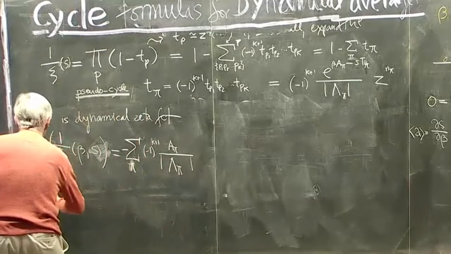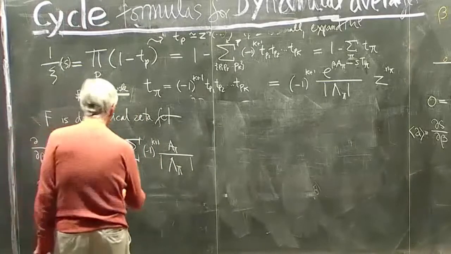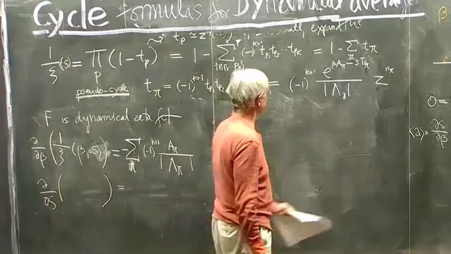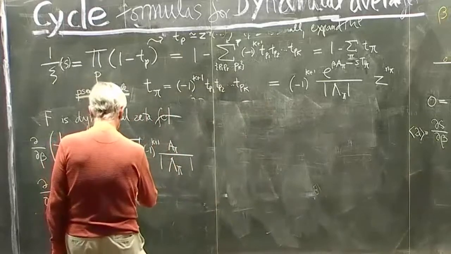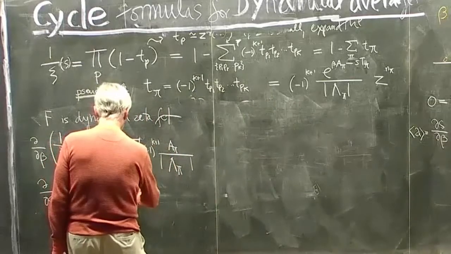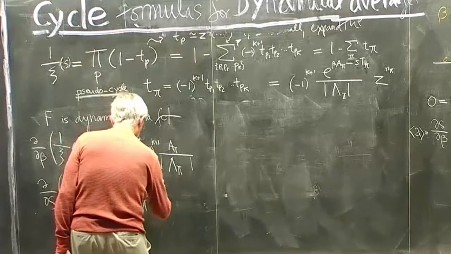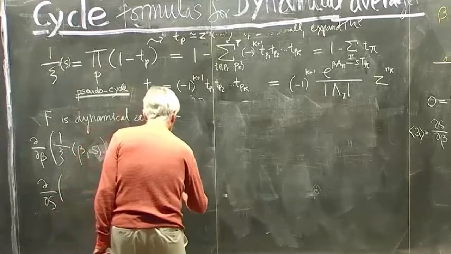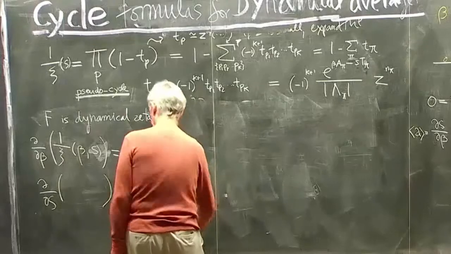And d/ds of the same quantity, because the time shows as a minus sign here, this becomes plus the sum over all pseudocycles minus 1 to the k plus 1, and then the derivative brings down the period.